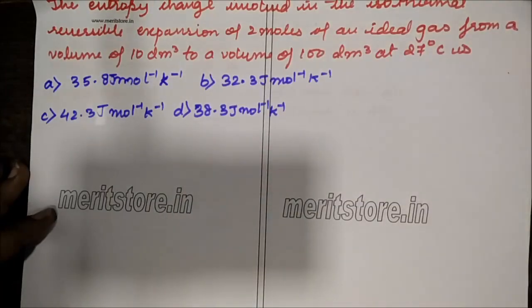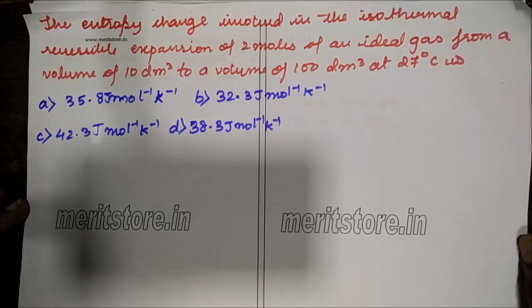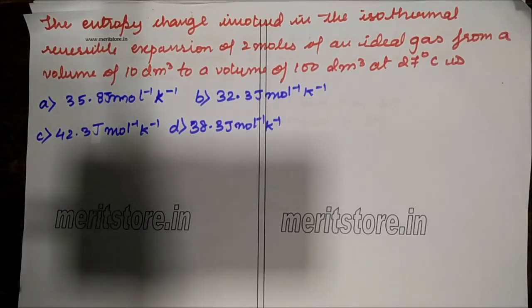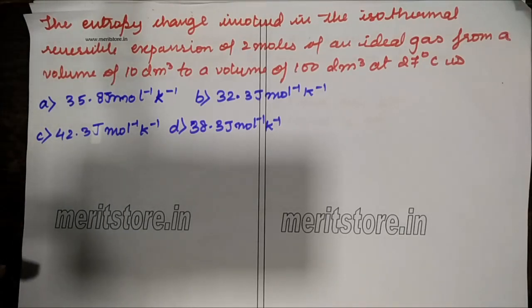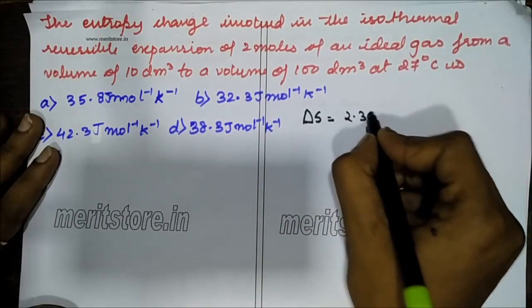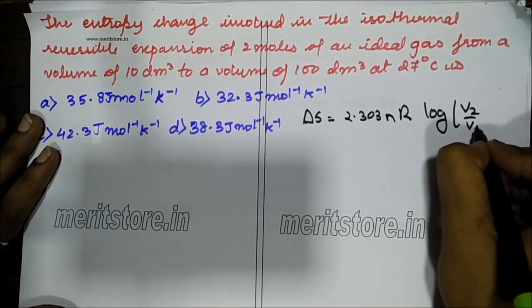Next. The entropy change involved in isothermal reversible expansion for 2 moles of an ideal gas from a volume of 10 decimeter cube to a volume of 100 decimeter cube at 27 degrees Celsius is. So we know the equation for delta S. Delta S is 2.303 nR log to the base 10 of V2 by V1.